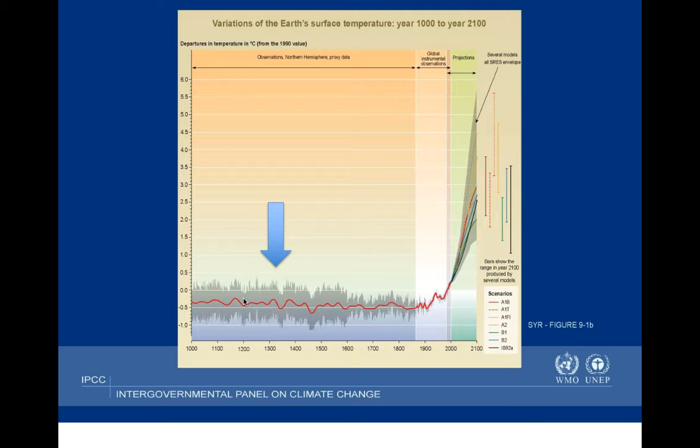And that gray envelope is a measure of the uncertainty, and that uncertainty comes from two places. One is the error associated with the method itself, a measurement error, and the other is the representation. That is, how representative, how much information do we get about, in this case, the entirety of the northern hemisphere rather than just one point.